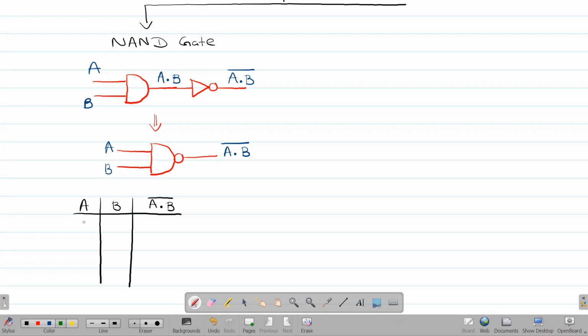The input combinations are 0 0, 0 1, 1 0, and 1 1. For A dot B total bar: 0 into 0, the answer is 0, and once it is inverted, it becomes 1. 0 into 1, the answer is 0, and once inverted, it's 1 again. 1 into 0, the answer is 0, inverted, the answer is 1. 1 into 1, the answer is 1, and once inverted, it becomes 0. People, is that clear?